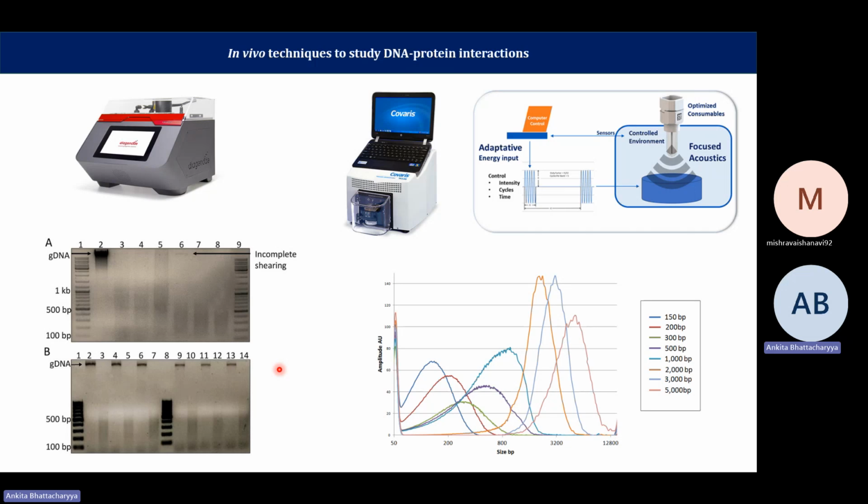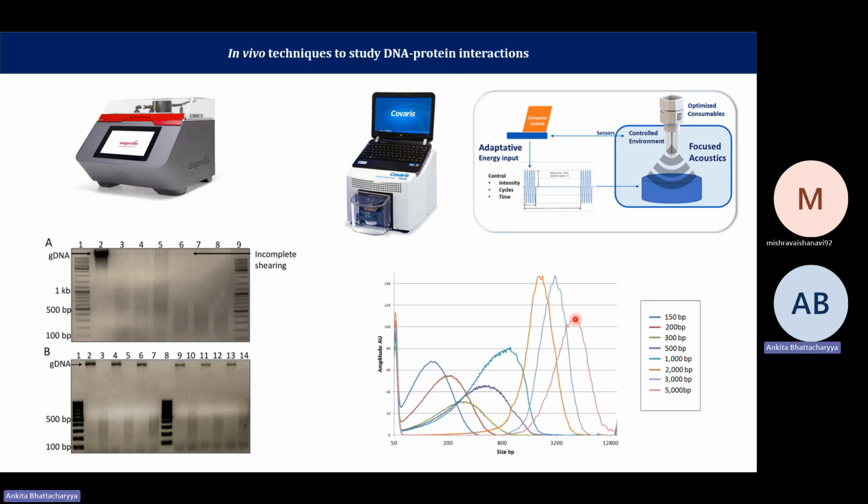If shearing has occurred properly, you would expect a smear-like structure with no regions showing any crisp bands. If that is present, it indicates incomplete shearing has occurred. And also, if it does not migrate through the gel, that indicates the same.